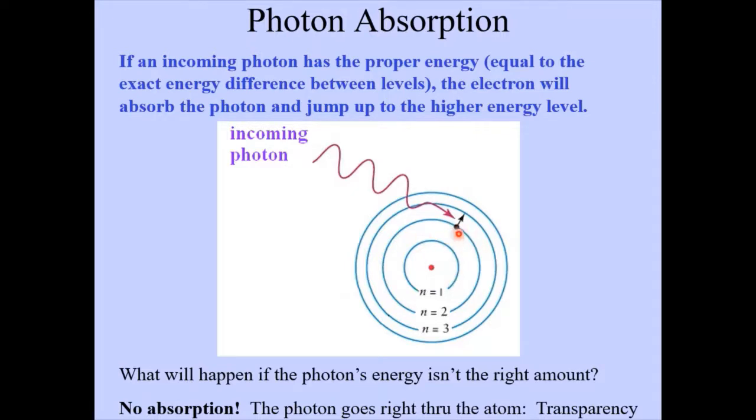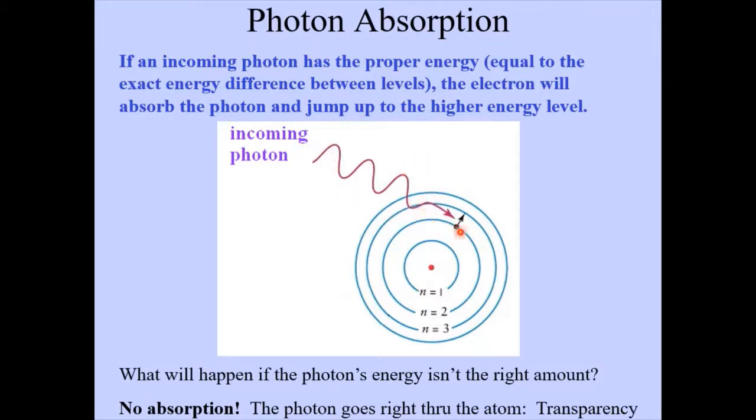So let's say our electron just happens to be sitting in n equals 2, the second energy level. Along comes this photon, and the energy of this photon is exactly equal to the difference in energy between the second energy level and the third energy level. So what this electron does now is it basically absorbs this photon.